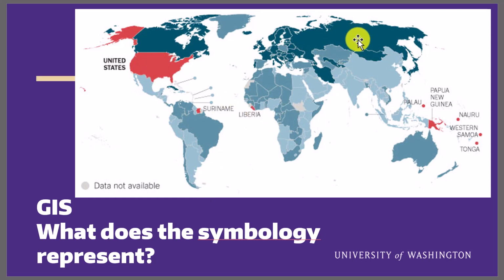And then going from a light color to a darker color usually indicates that there's less of something here, more here, and even more here where it's darker. So pause this and try to determine what you think this might be in preparation for class.